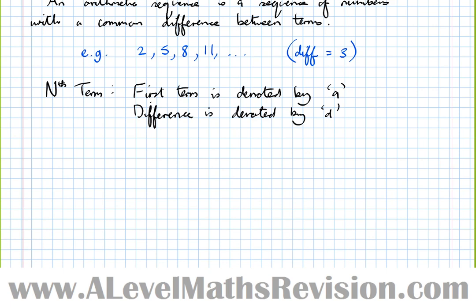So the nth term formula, u_n equals a plus (n minus 1)d. And that's a formula that you need to remember. That's not given in all the different exam boards' formula books. So you should be able to remember that and use it.